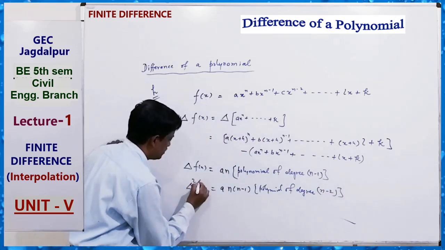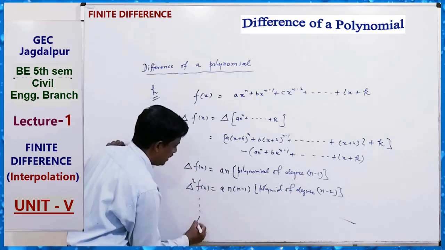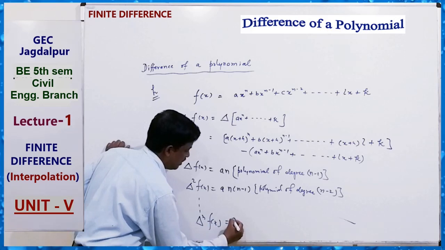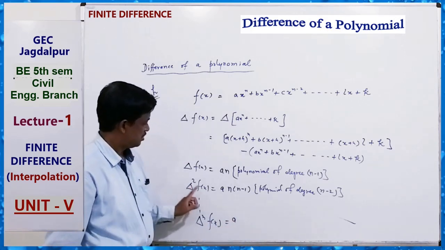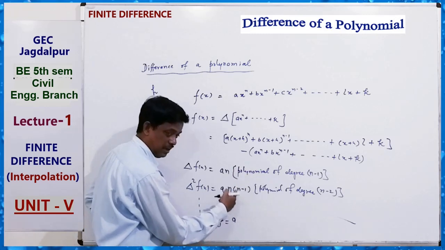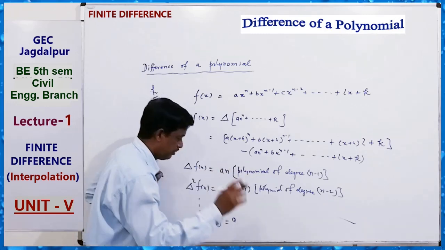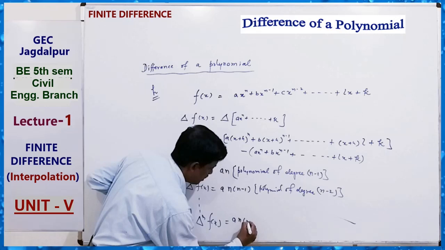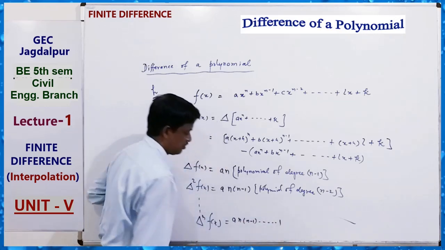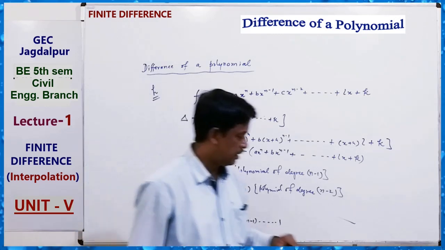Okay, second difference. Similarly, nth difference, then a, 2 times 1, n times n minus 1 means finish. So a n (n minus 1) up to 1.